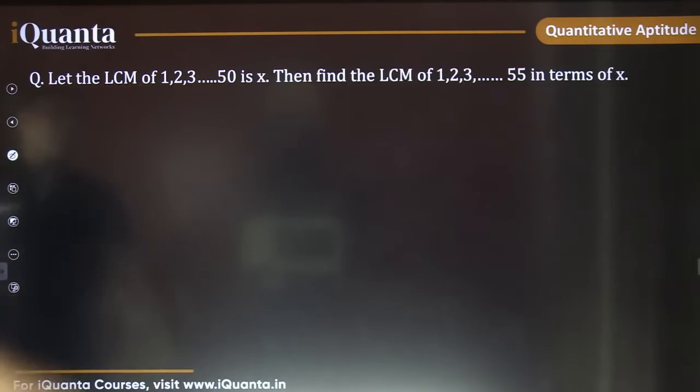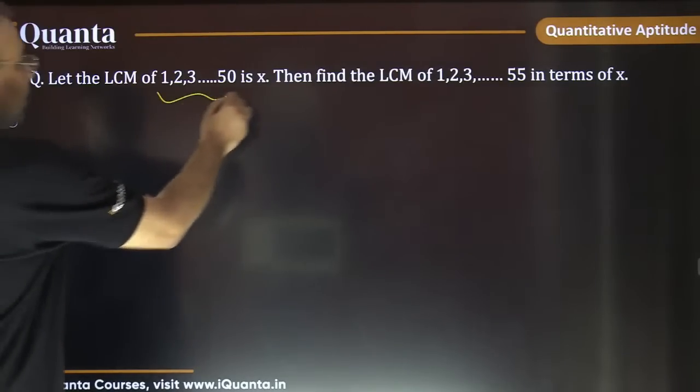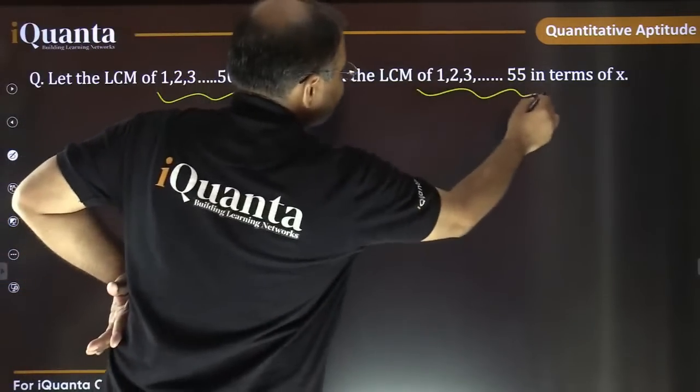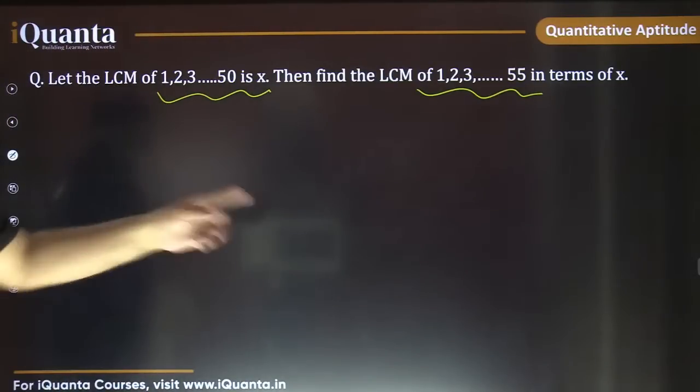Yes, let's do this one question. This is a good question. Please answer this one. Let the LCM of 1, 2, 3 up to 50 be x. Then find the LCM of numbers up to 55. Do this one.